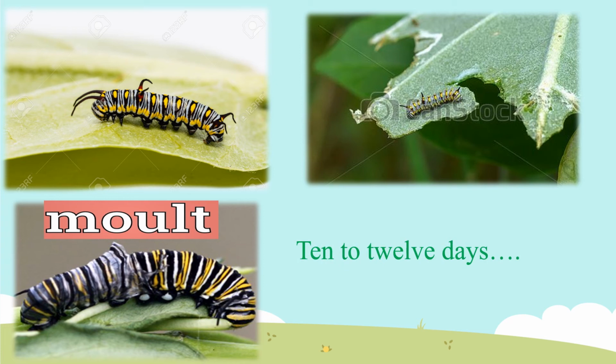Just before the last molt, the caterpillar weaves a button of silk thread on a stalk or a leaf and hangs itself from it. When it molts the fifth time, it forms a pupa, which is the next stage of its growth.